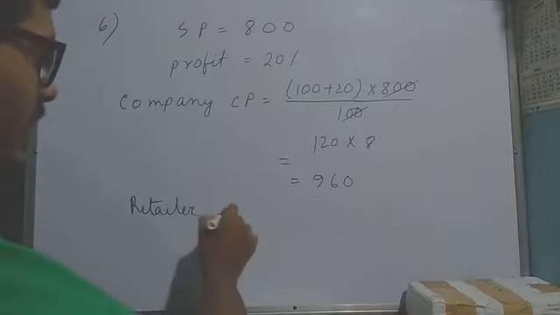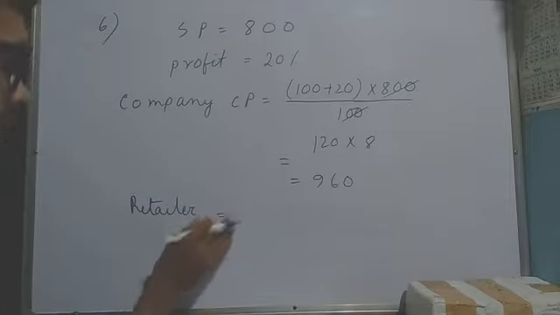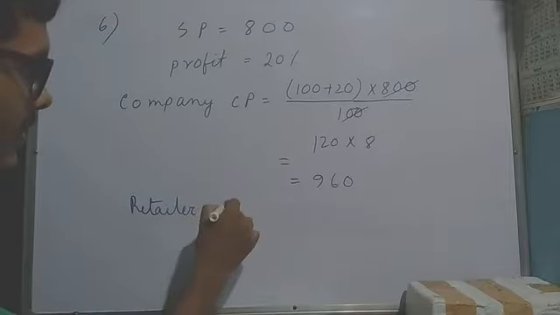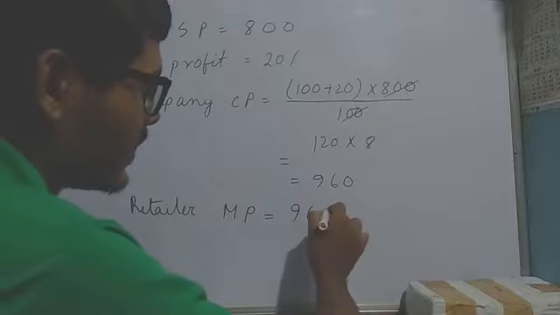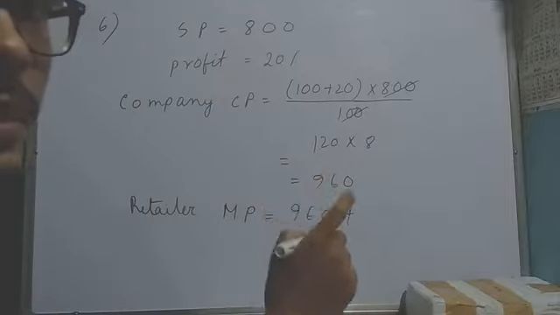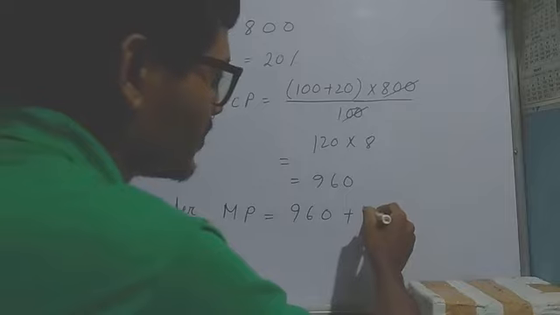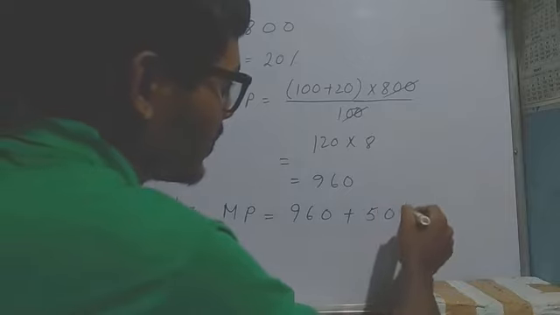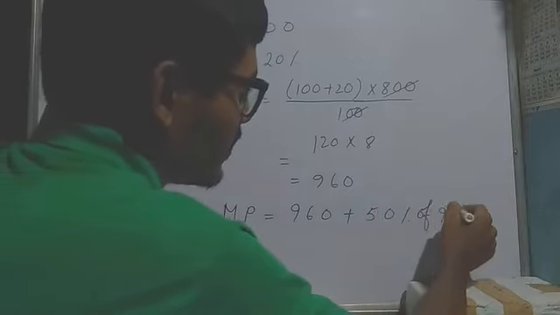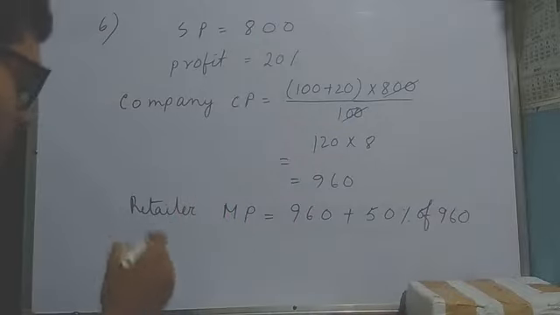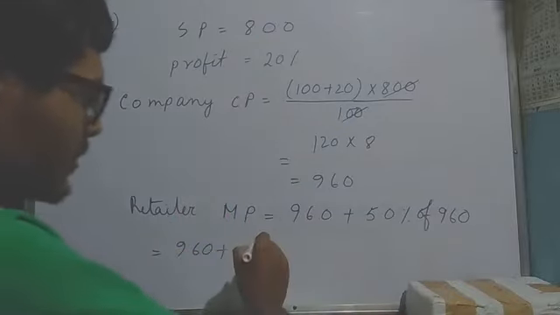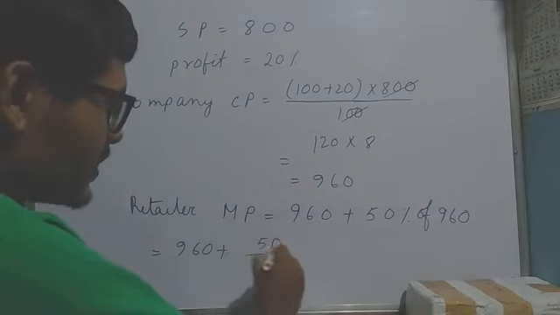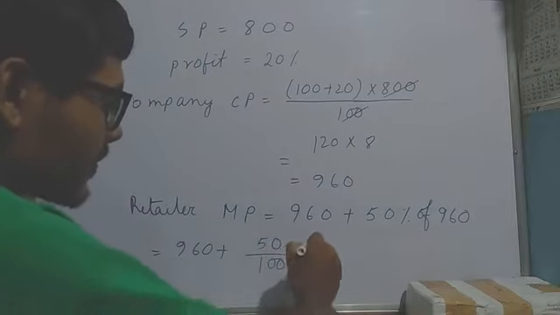The retailer wants to make 50% profit again. So it will be the retailer's market price. 960, and he is writing the price 50% more. So 960 plus 50% of 960. Percent means divide by 100.